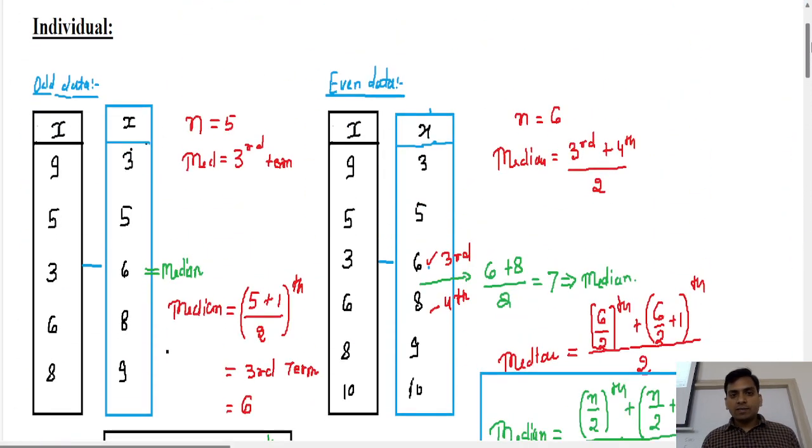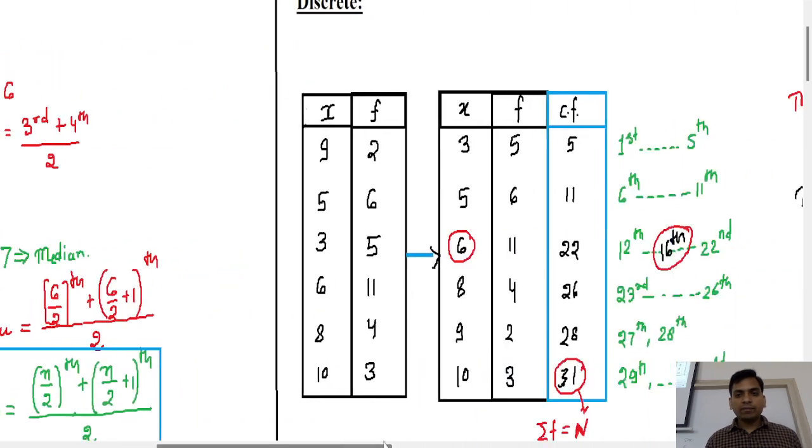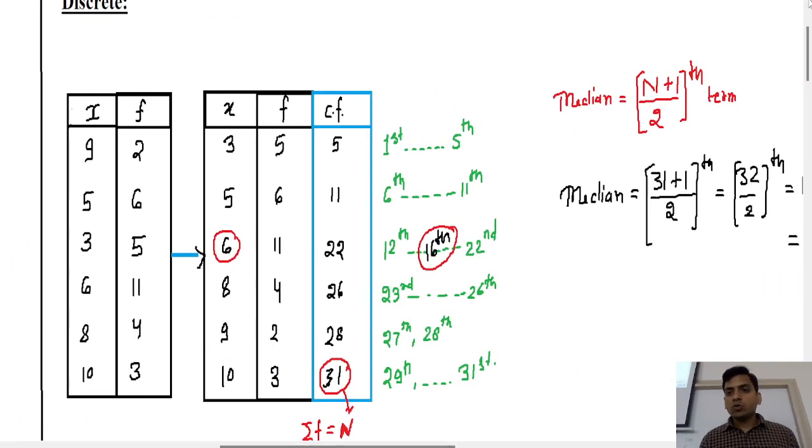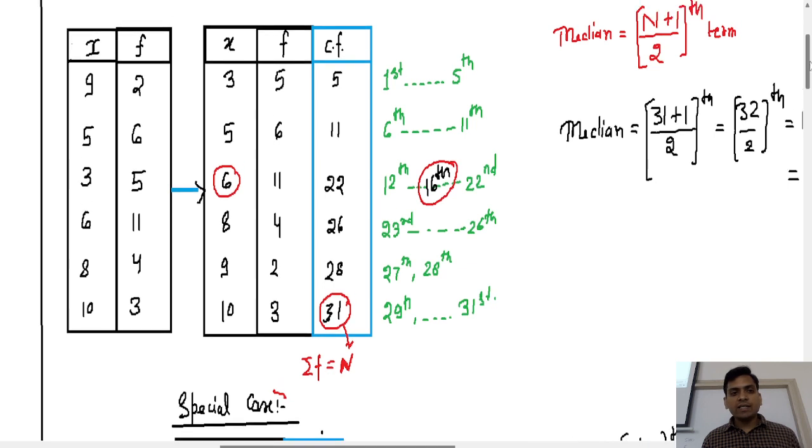Now the second is which type of data? Discrete data. Today we are taking an arranged data set.